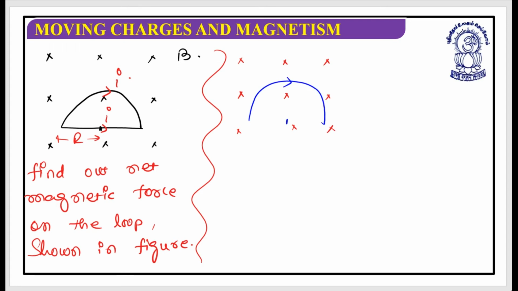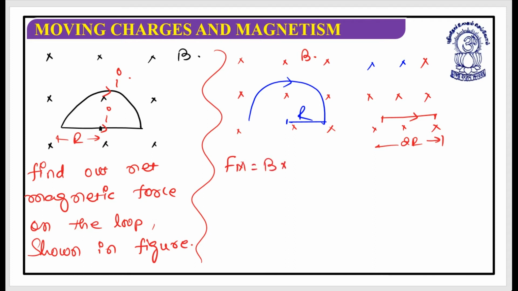It's a semicircular wire having radius r, and my second segment would look like this, the wire having length of 2r. Yes, so if I apply a force on this semicircular loop, it's B into I multiplied by 2r.